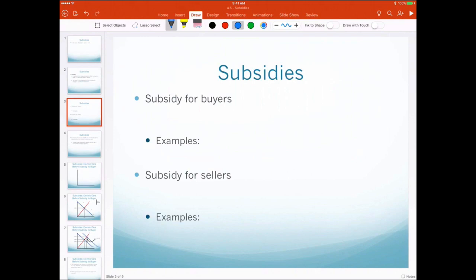An example of a subsidy for a buyer would be solar panels. If you install solar panels on your home, you're the buyer of solar panels, and you would get the subsidy. Another example would be electric vehicles.